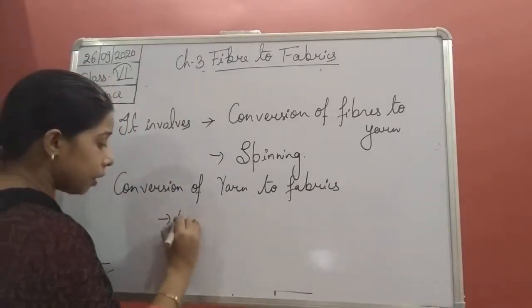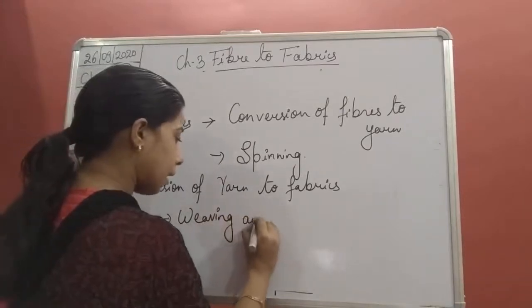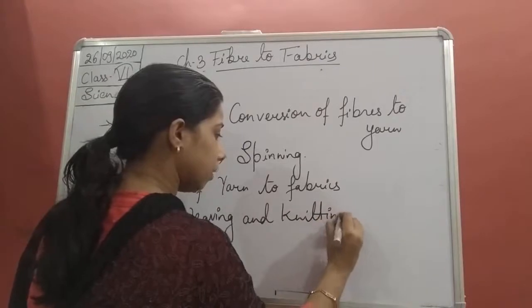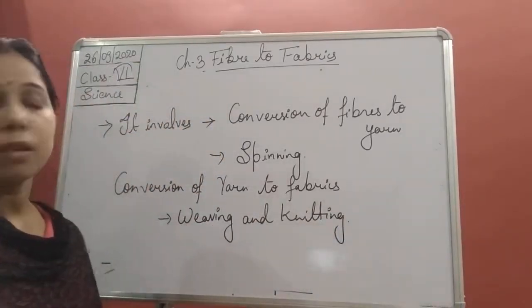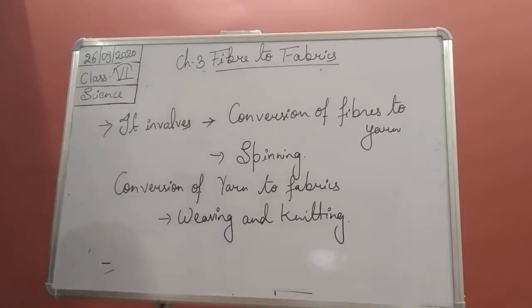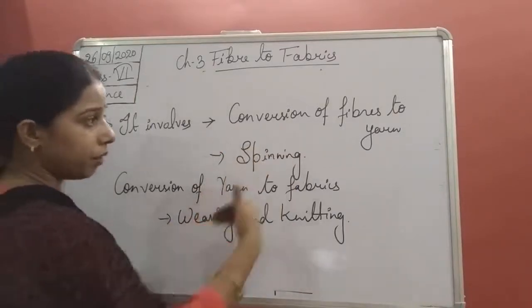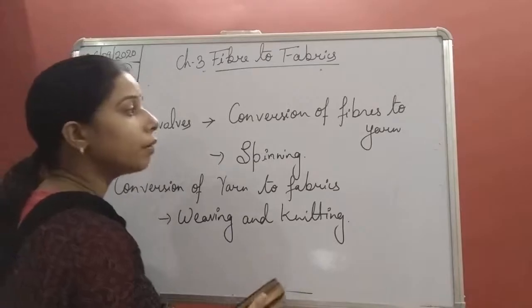This involves two methods, that is weaving and knitting. Now let us discuss both of them one by one, then we will be able to understand. The first one is the conversion of fibers to yarn.